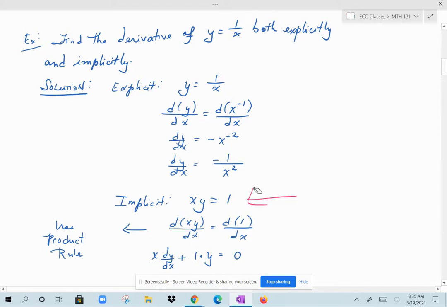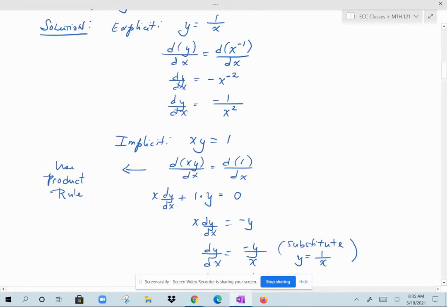So I take the derivative of the left side and the right side with respect to x, but on the left side, I have x times y, so I have to use product rule. And that's what I did here on the next line. So this is x times the derivative of y, which is dy/dx, and then the derivative of x, which is 1, times y. And on the right side, the derivative of the constant is just 0.